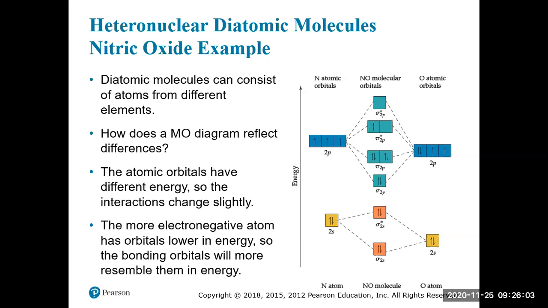Same as we go up to the 2p orbitals, sigma 2p is a little closer to the 2p of the oxygen atomic orbital, and the pi 2p is a little closer as well. Then we go up to the antibonding pi 2p and the antibonding sigma 2p. So we see a little bit of shift when we have atoms in this diatomic molecule that aren't the same, and that's based on the electronegativity.